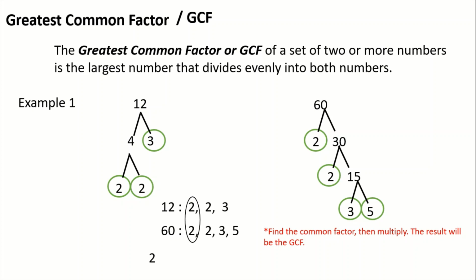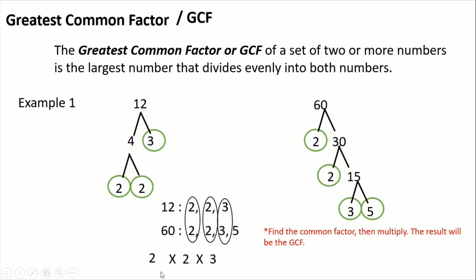So we have 2. Ito yung unang common factor natin. So next one is may isa pang 2. So times 2. Next one is we have 3. So times 3. So si 5, hindi na natin pwedeng i-multiply dito since hindi siya common sa kanilang dalawa. Dahil si 5 ay sa 60 lamang, wala siya sa 12. So ibig sabihin hindi common.